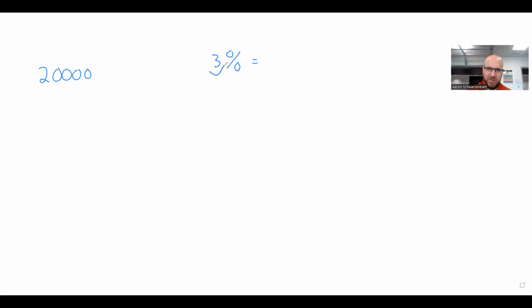I do that by moving the decimal 2 places to the left, and I get 0.03. My interest is then 20,000 times 0.03, which equals $600. So I get $600 every year, just for my money being in the bank.